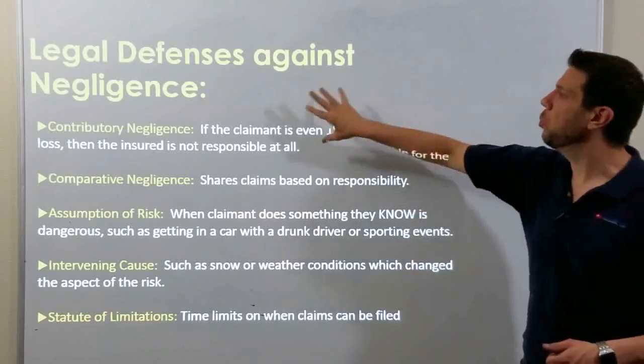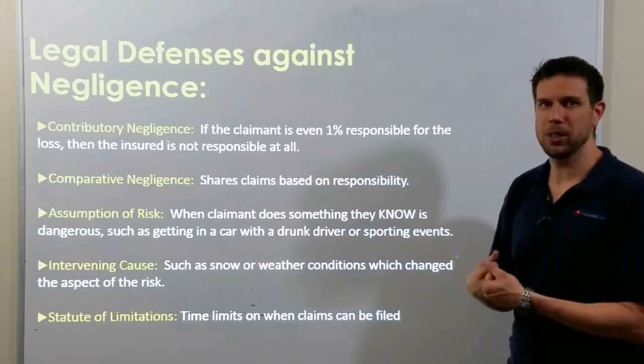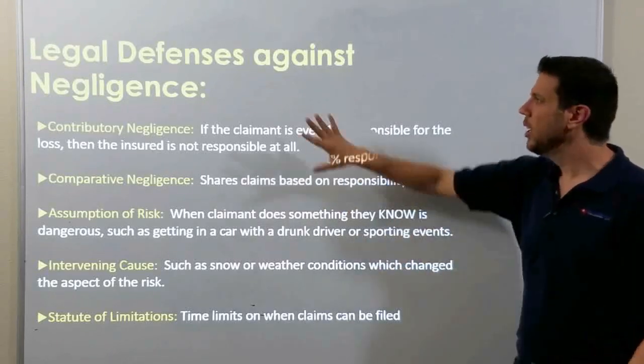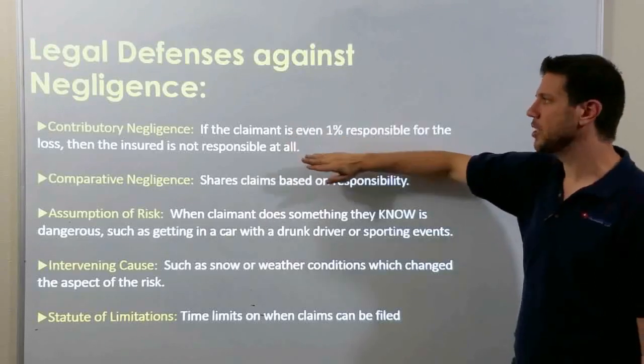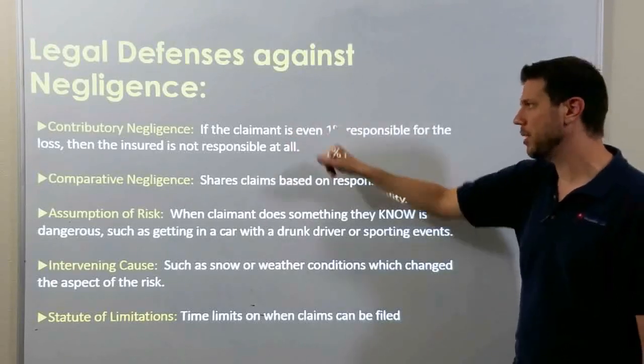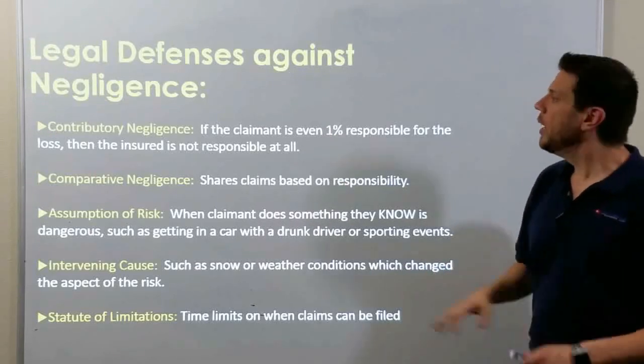So he is 1% responsible for this. Since he contributed to the accident as well, no coverage. Almost no states use contributory negligence. You only have to prove that they were 1% responsible for the injuries, then they don't get paid.